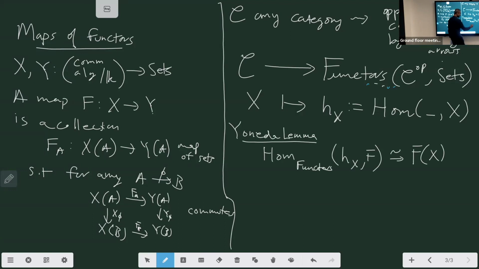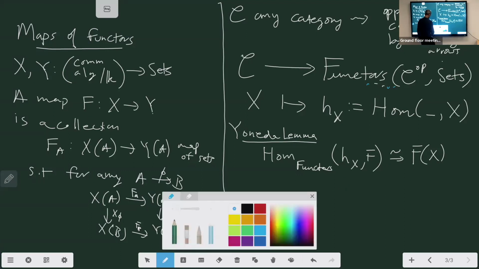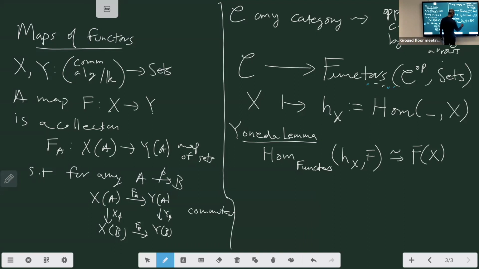The map takes capital F and goes to F sub x of identity of x.